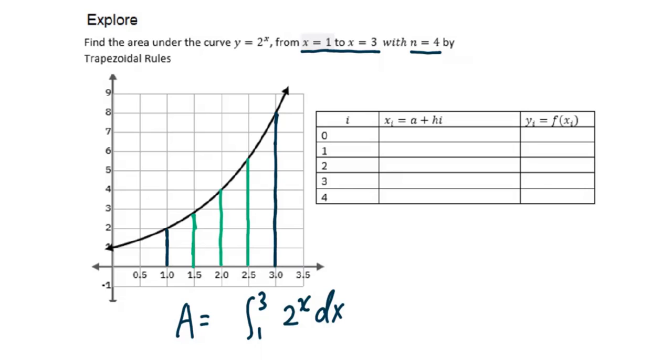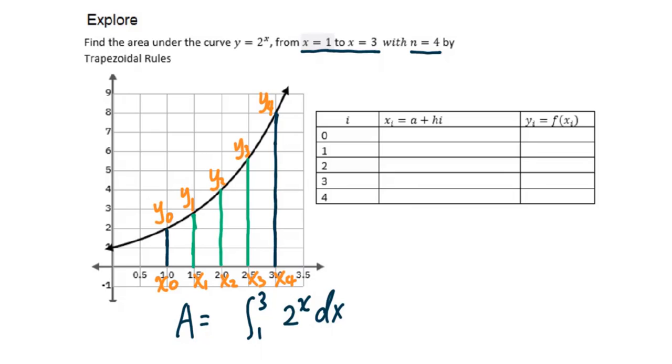We can label this x0, y0, x1, y1, x2, y2, x3, y3, x4, y4.